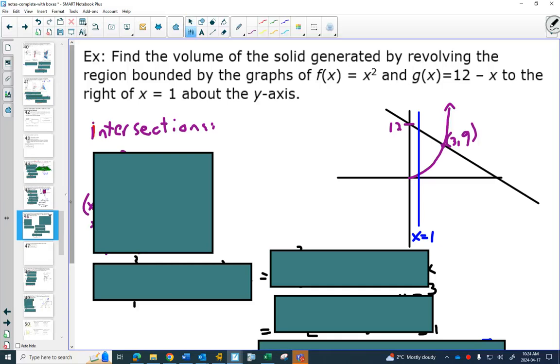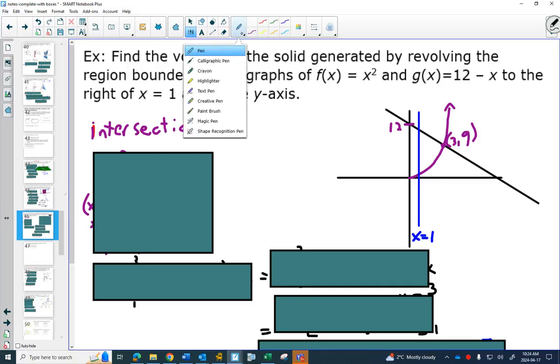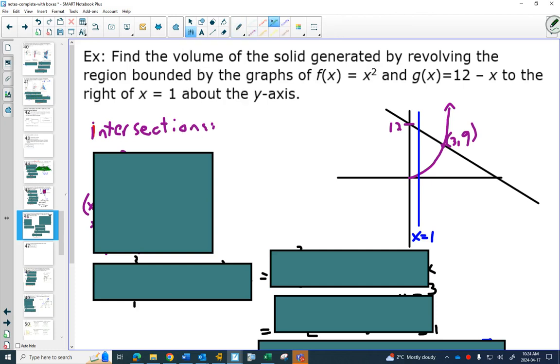To the right of x equals 1, the only part that is bounded by all of them is this section right here.